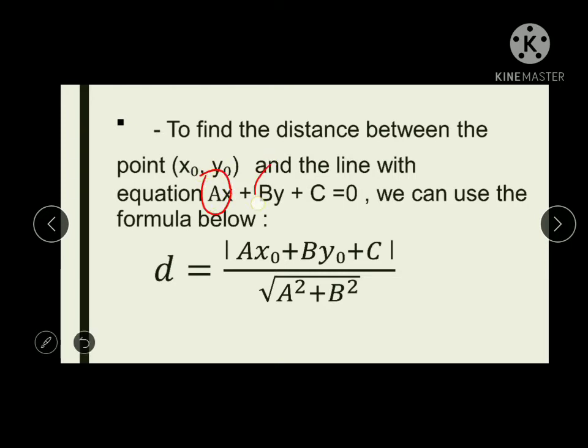A and B is the coefficient. C, ito yung tinatawag natin na constant in the equation. X and y, ito naman yung coordinates of point.